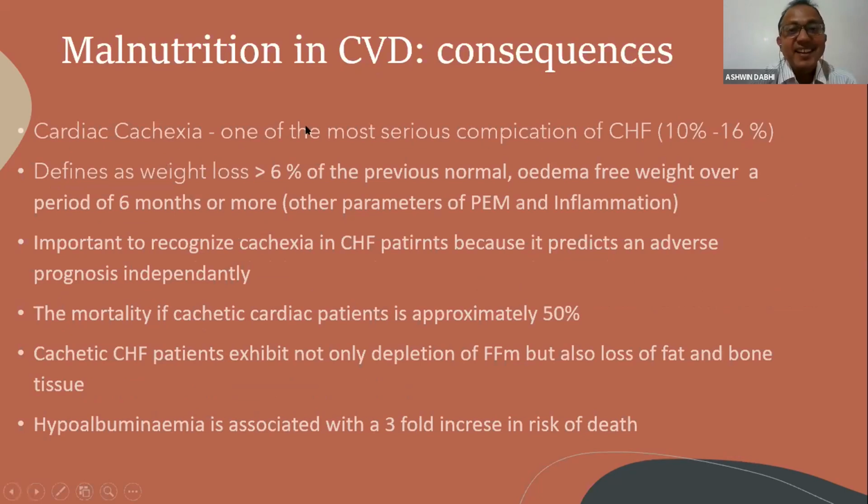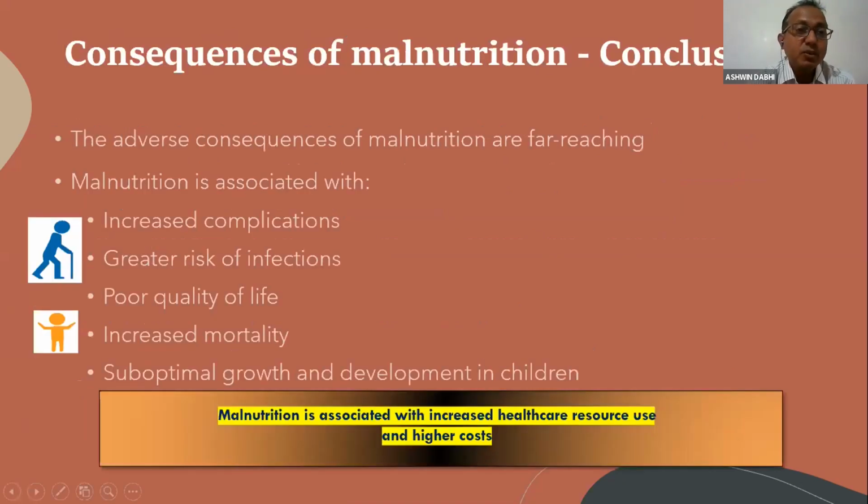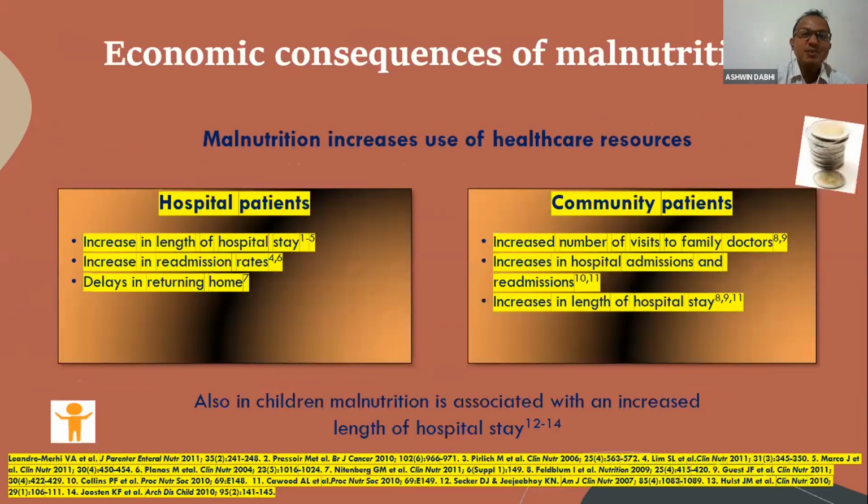Once the patients are in cachexia, it is one of the most serious complications of chronic heart failure. And then it is an irreversible state, and therefore we generally lose these patients because of very high mortality. So it is good to identify these people, because malnutrition adversely affects outcomes in the form of increased complications from falls, or infection, or a poor quality of life. And therefore, it is very important to address these issues.